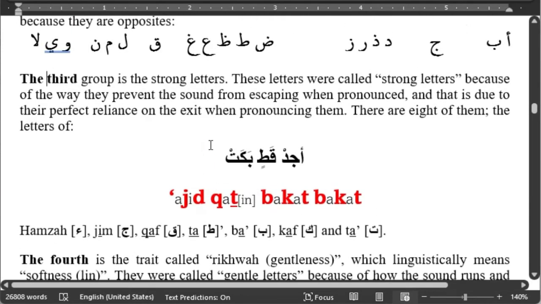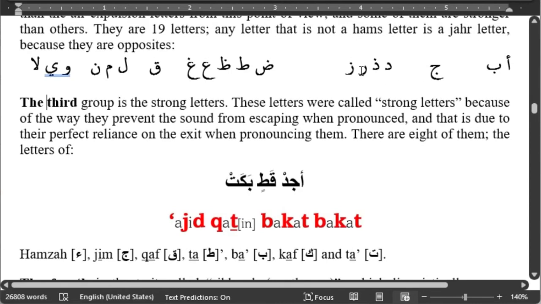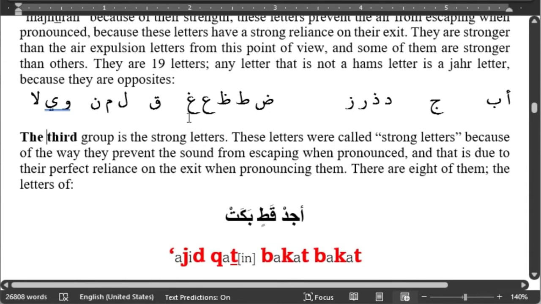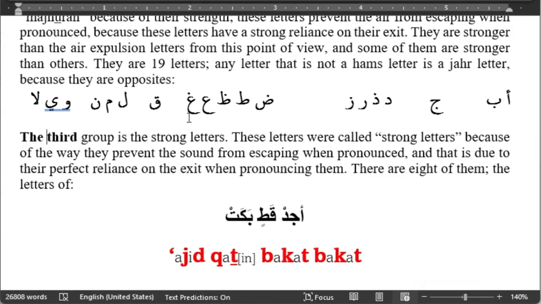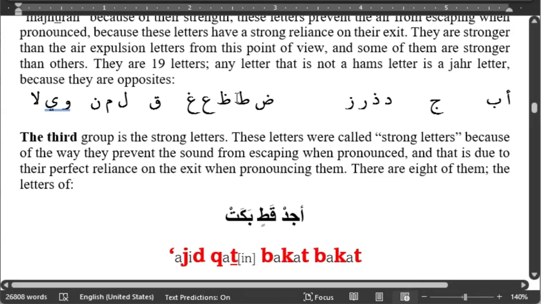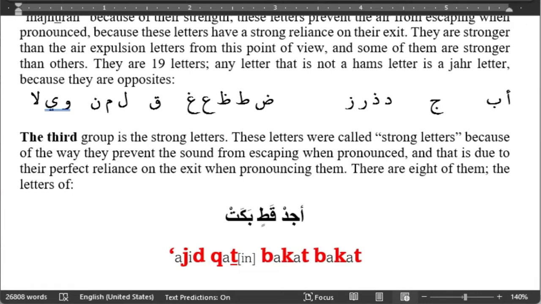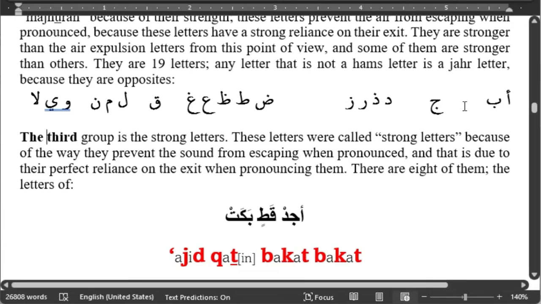Even if I don't now demonstrate each one of these, give you one example for each, you've learned the rule. You've learned what air expulsion is, and you've learned what air suppression is, and you've learned which letters belong to which group.